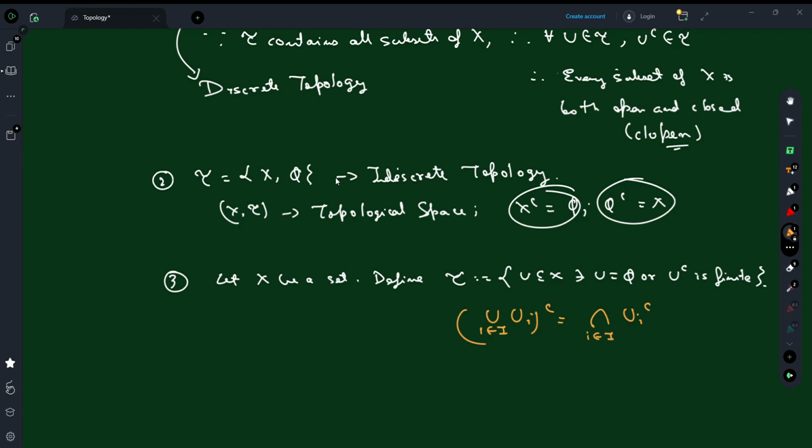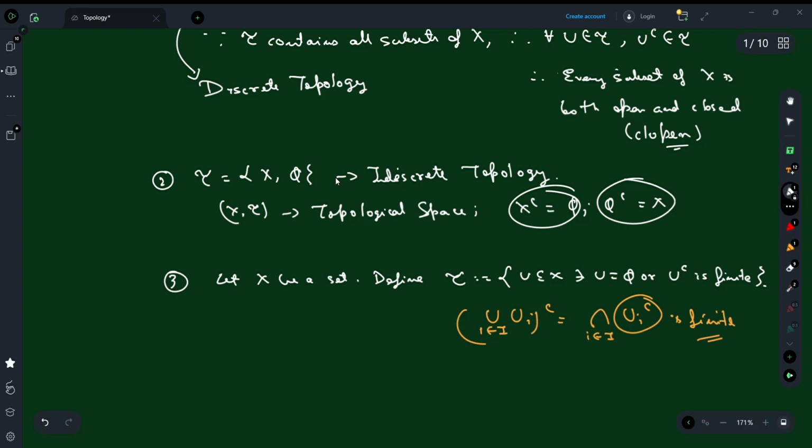Now, each U_i complement is finite, because the U_i are elements from tau, and tau contains only those sets whose complement is finite. We are obviously assuming that none of these U_i are empty, to be more precise. So the intersection is also finite, and you can do the same thing for the intersection part also. You just need to consider the complement of it. So this indeed forms a topology.